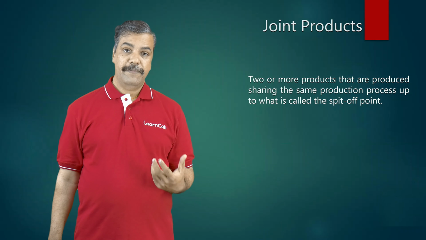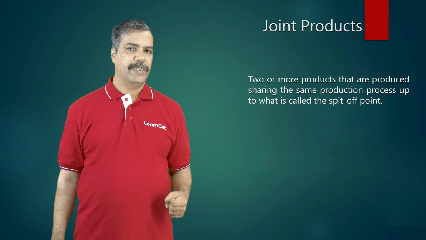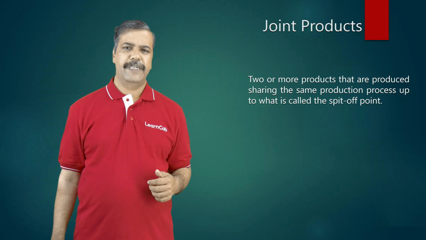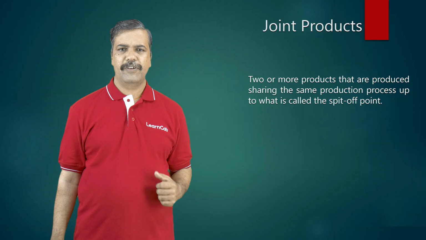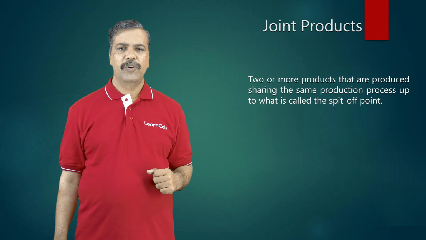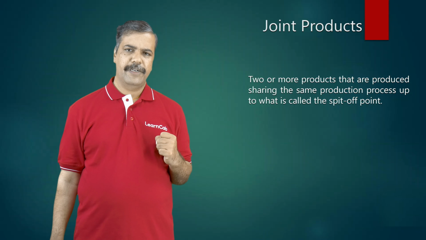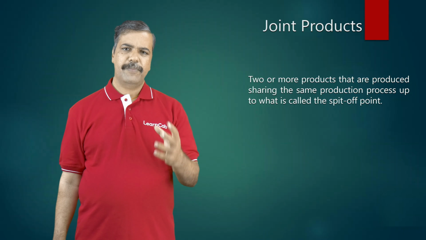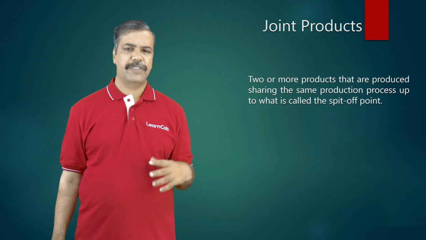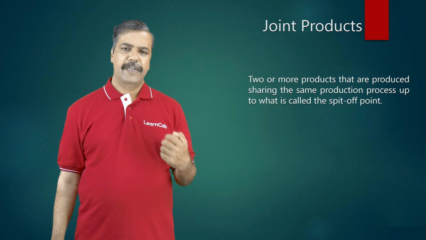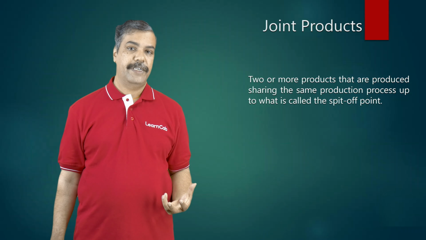Those different types of product have their own uniqueness in the market. That is, they have marketability and saleability features. So how do we cost it? Because the different products have different marketable values, or different profitability values.